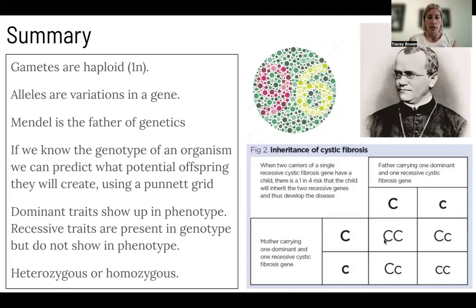So 75% of the children would not be sick with cystic fibrosis, but 25% of the offspring potentially could be sick. Because cystic fibrosis is a relatively rare genetic condition, the likelihood of both parents being carriers is rare. You would probably have one parent potentially being a carrier, and then your children could be carriers, but would be unlikely to have the genetic condition.